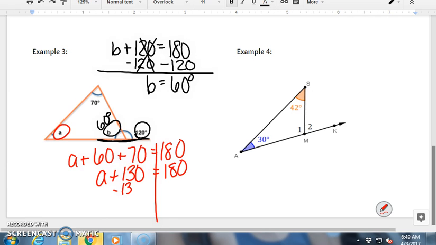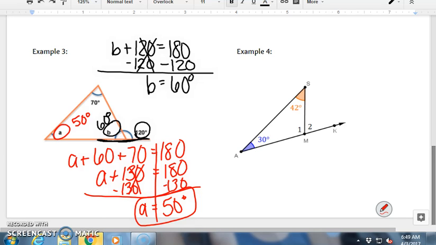So then I subtract 130. So I get A equals 50 degrees. And again, you can check that. 70 plus 60 plus 50 equals 180.